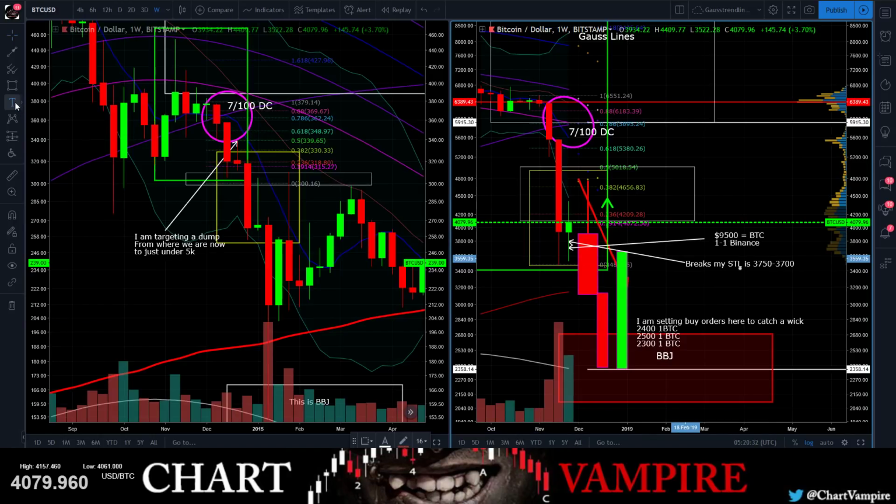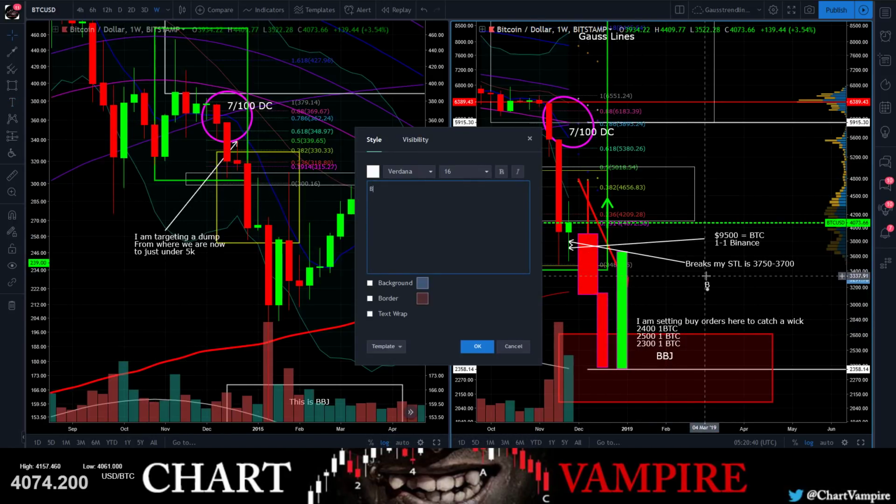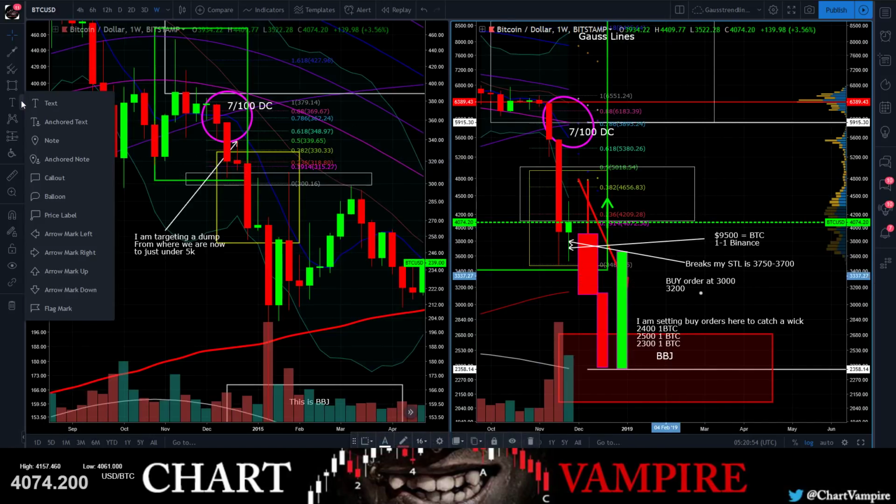Then what I'll do is I will actually set a buy order. So these are my buy orders. And then the second thing I'll do is a buy order at 3,300 and 3,200, right? Now these are also going to be risky for me, right?